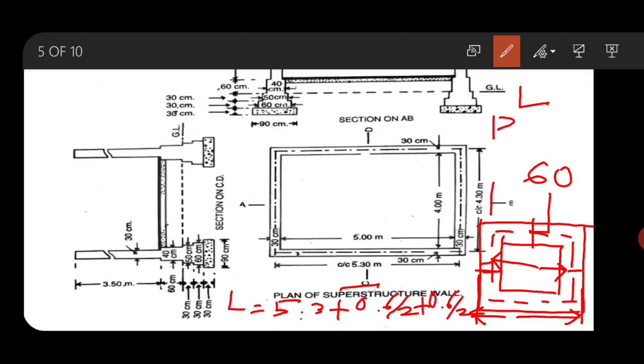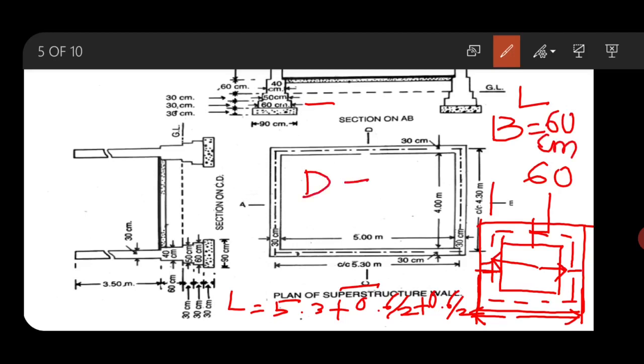Then next, what is the breadth? You can see from the plan, this is 60 cm, and also you can see from the sectional elevation, the width of the first footing is written over here, that is 60 cm. So breadth is equal to 60 cm or 0.6 meter.